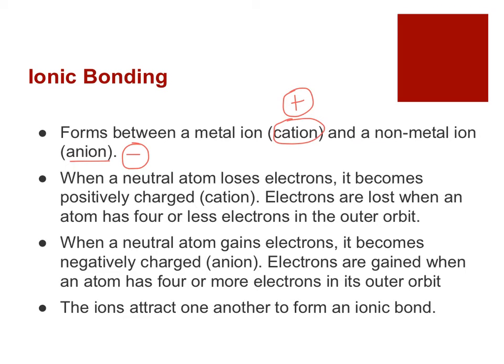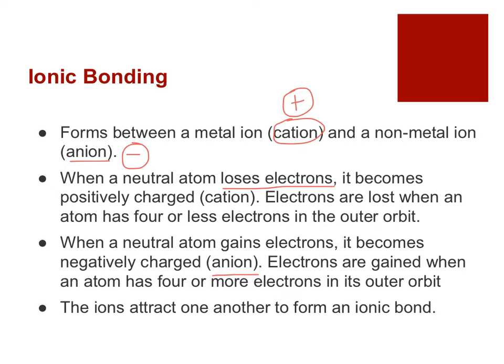That means that the metal is always going to lose electrons, and if you have 4 or less electrons in the outer orbit, those atoms are always going to lose their electrons in order to form a cation.